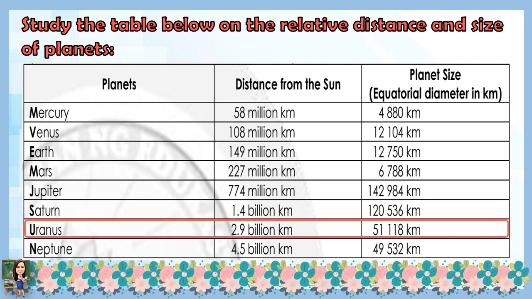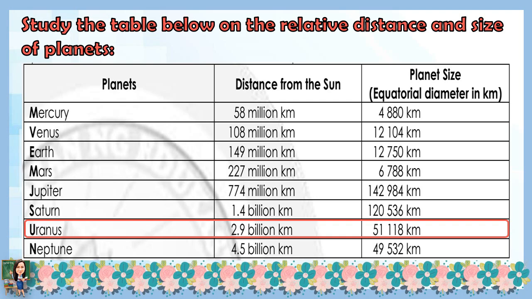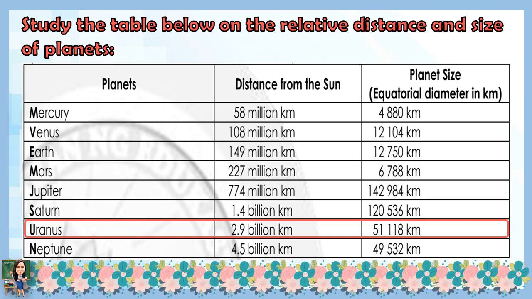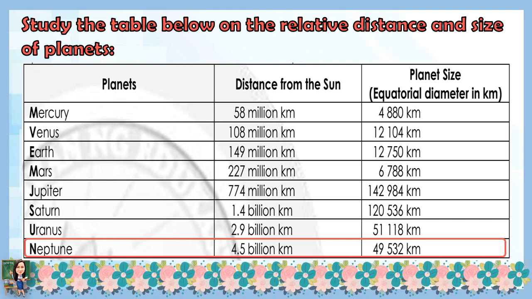Planet Uranus has 2.9 billion kilometers distance from the Sun and 51,118 kilometers planet size. And last but not the least, the planet Neptune has 4.5 billion kilometers distance from the Sun and 49,532 kilometers planet size.